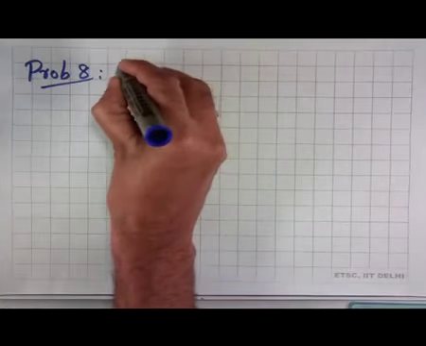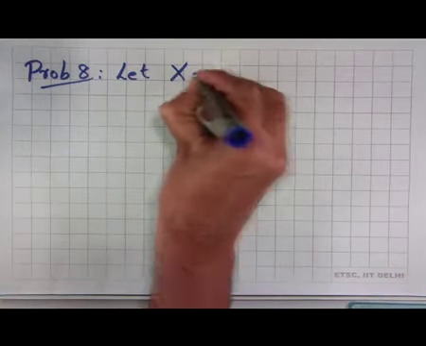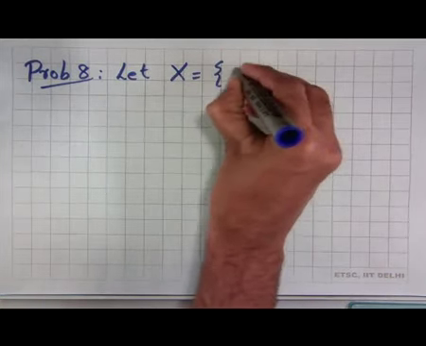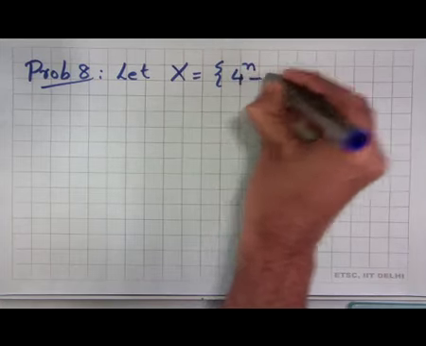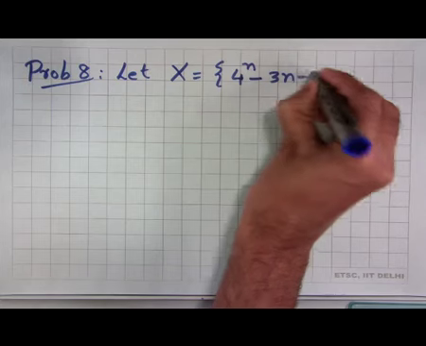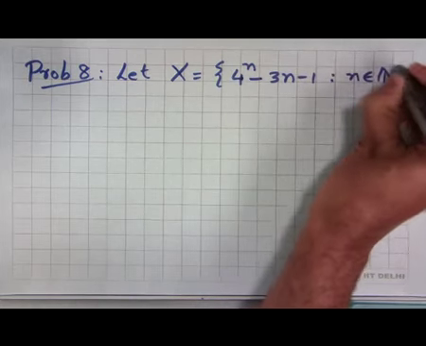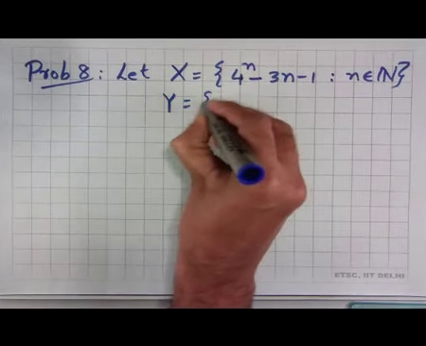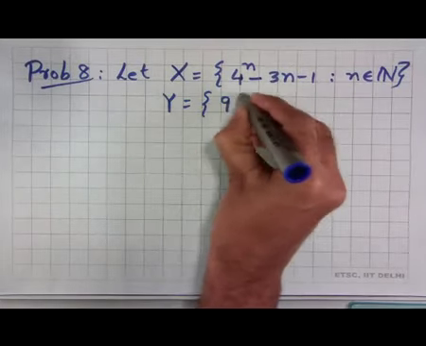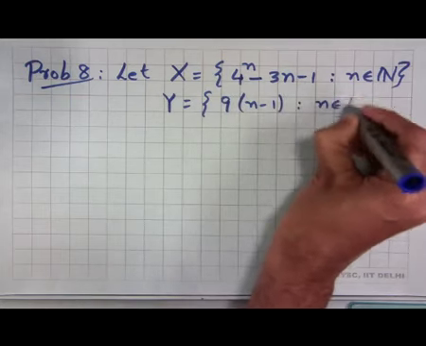Okay, so let me write down one more problem. Let X be the set containing the numbers of the form 4 to the n minus 3n minus 1, such that n is a natural number, and Y is the set 9 times (n minus 1), where n is a natural number.